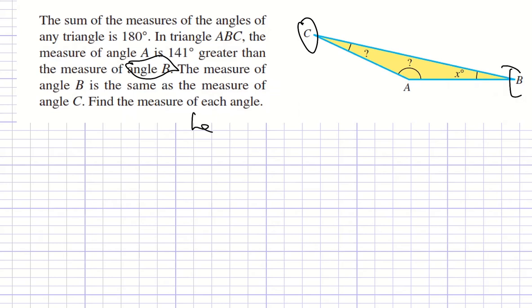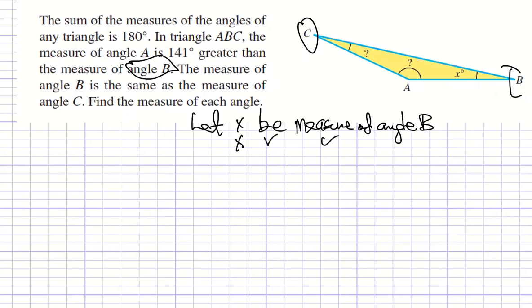So we'll say let X be the measure of angle B. That's the same thing as the measure of angle C, because they say B and C are the same.